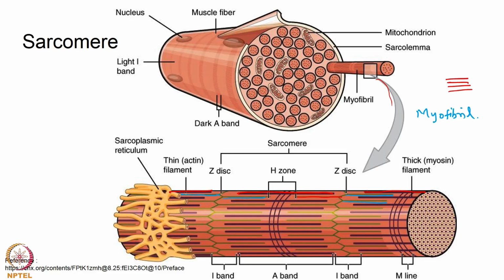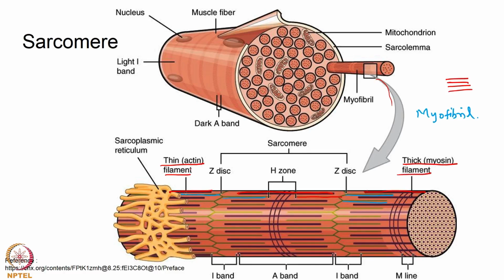Now, what do these thick and thin bands signify? That is the question. It turns out that the bands are basically composed of two kinds of filaments, the thick filament, myosin, and the thin filament, actin.